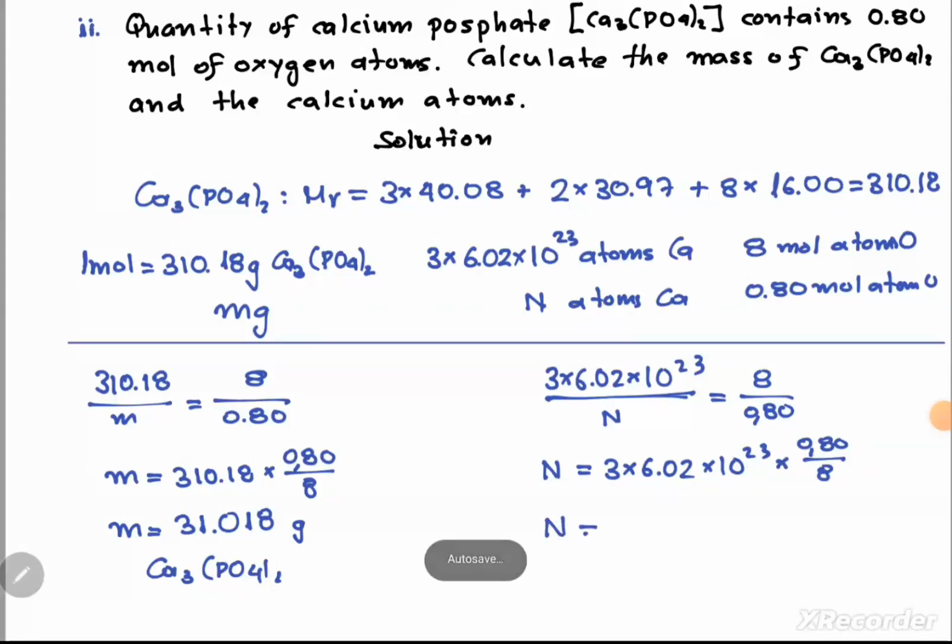And the result is 1.806 times 10 to the 23 atoms of calcium. This is the solution.